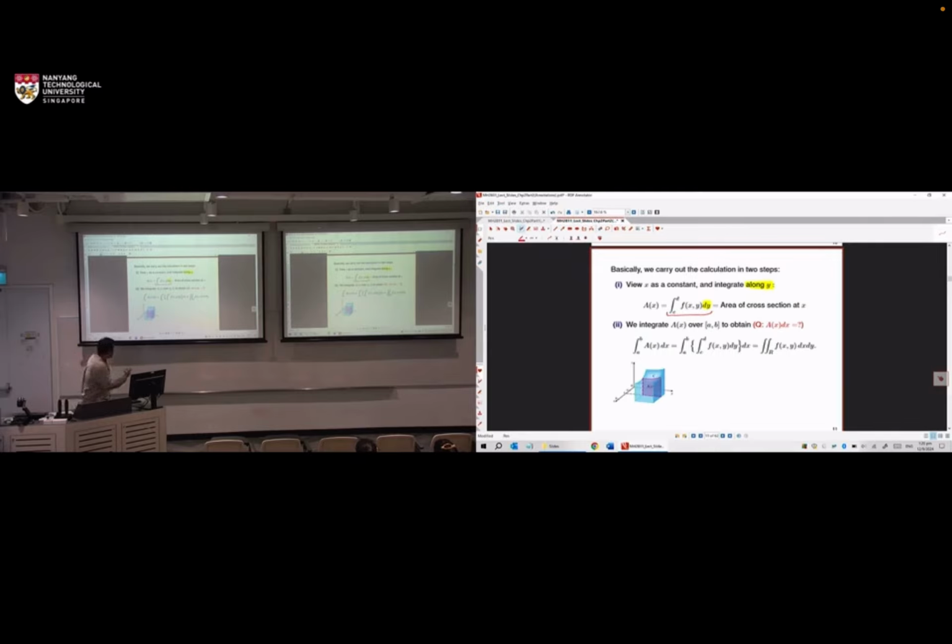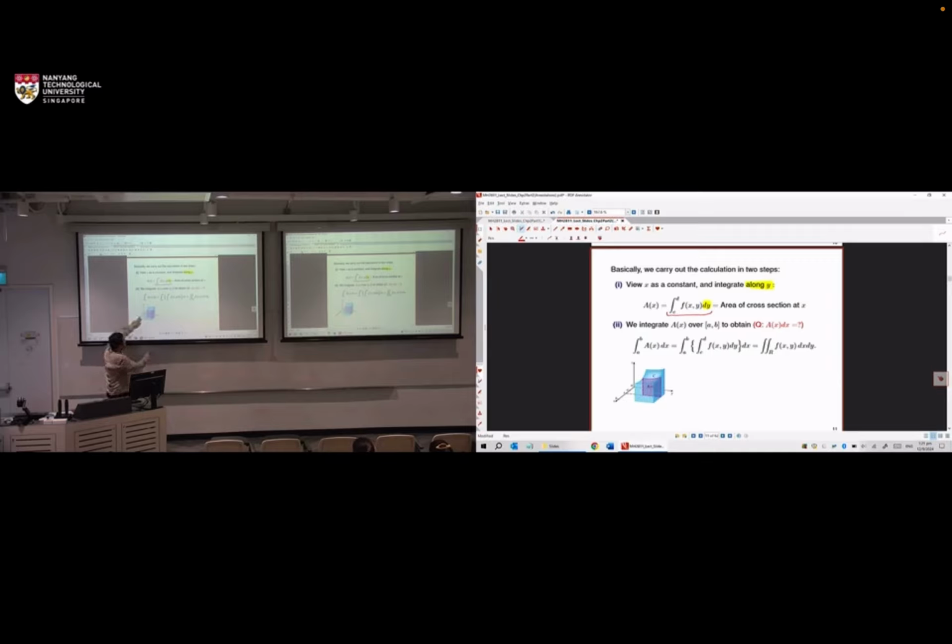Now view x as a constant. You fix an x already. Then you integrate from c to d with respect to y. So along y, it is c to d, and what you are going to get is this cross-sectional area A(x), this purple colored area.